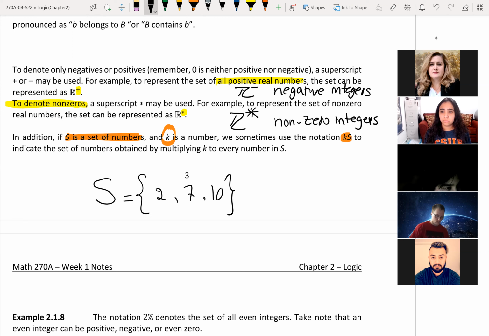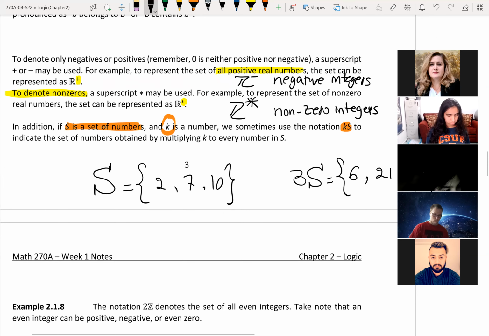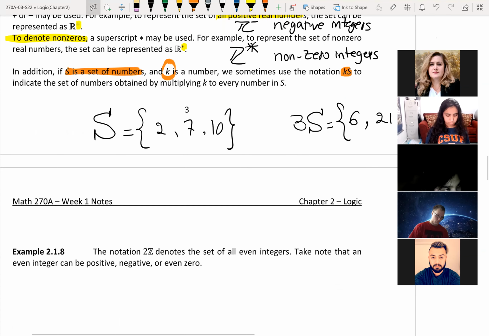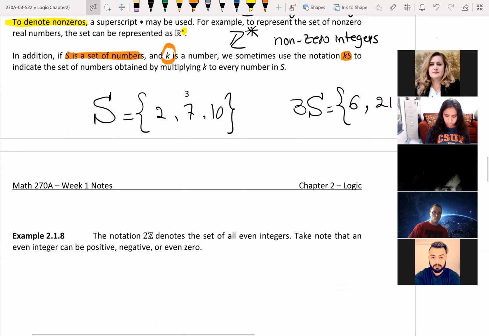And maybe I want to say what is 3 times S. Maybe it's nonsense in a calculus class if you can't multiply 3 times a set, but here it's defined as a notation, meaning 3 times 2 is 6, 3 times 7 is 21, and 30. So that's what it says. So this is one convention here for this book. If you want to multiply any element of a set by 3, we can put a scalar multiplication on that set. That makes sense for this book.